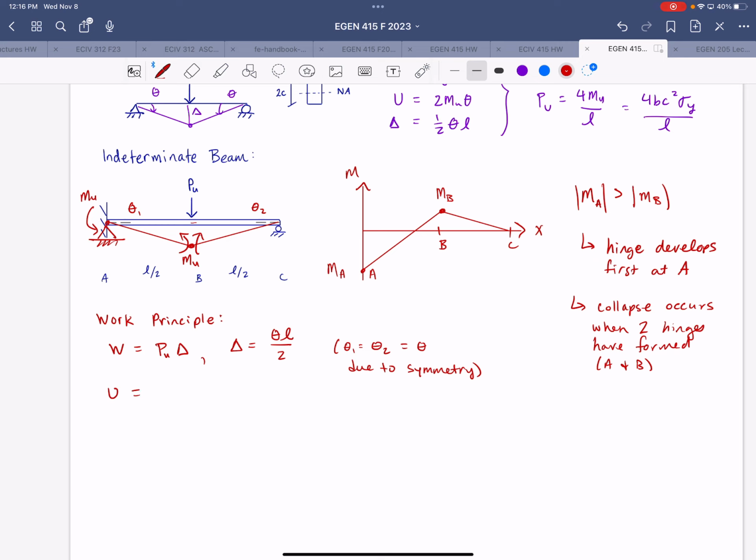Internal strain energy will look different this time, though. Now we have two MUs associated with this angle. If we consider the segment from A to B, we have MU on two ends times theta 1, and if we just consider segment BC, we have MU here times theta 2. So we have 2 MU theta plus MU theta; the first term comes from AB, and the second term comes from BC.